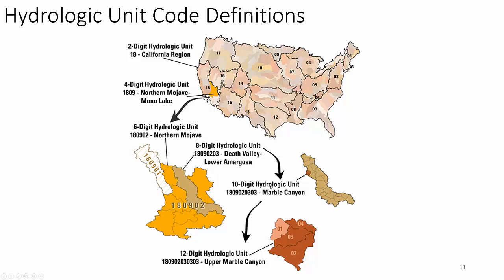That subbasin can be divided into the watershed, the 10-digit hydrologic unit code, which we would call watersheds, the Marble Canyon watershed, and then the sub-watersheds of Marble Canyon, the 12-digit code, Upper Marble Canyon, Middle Marble Canyon, Lower Marble Canyon, etc. And you see there are only 4 of these 12-digit codes within this 10-digit code. You could divide it into as many as 99 because you have that many digits to use, but you don't because it's all about the drainage basins and their contiguous flows.